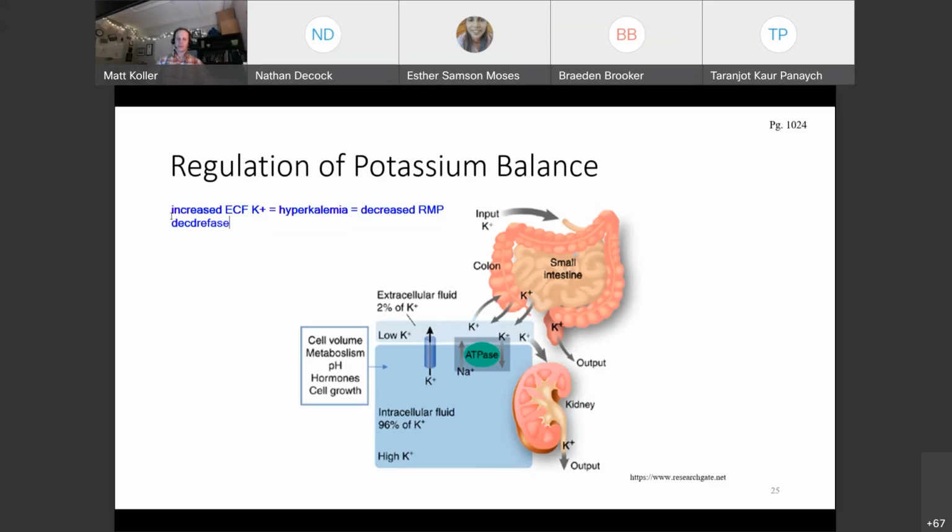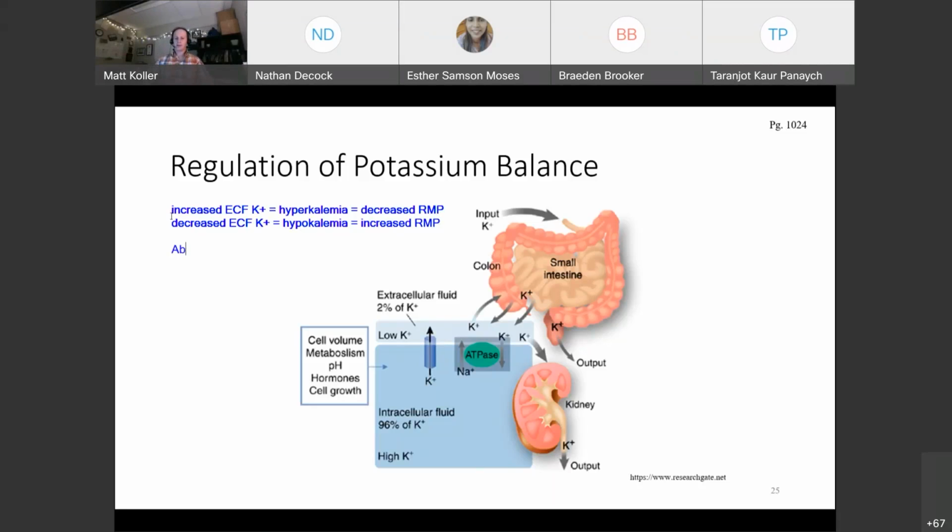If we have decreased extracellular fluid potassium, this is hypokalemia, which is increased resting membrane potential, which means it's easier to get an action potential to signal off.